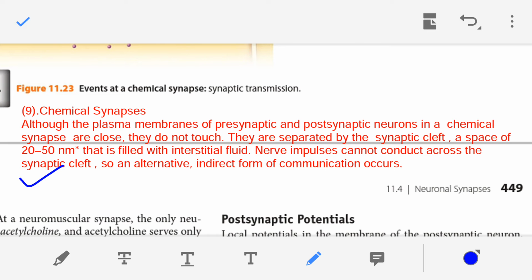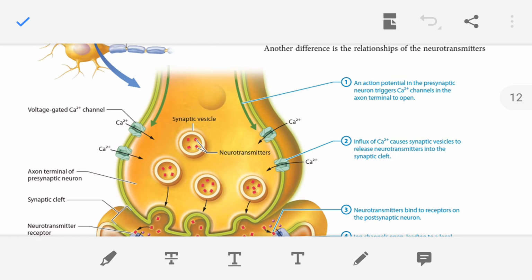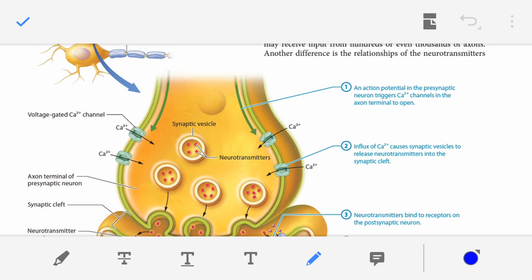So to propagate this nerve impulse in the postsynaptic neuron, an alternative indirect communication is required. Here you can see the action potential or the nerve impulse has reached the terminal part of the axon, and has entered the synaptic end bulb.